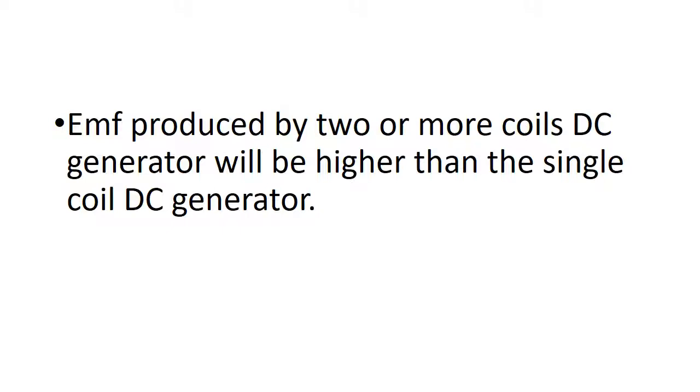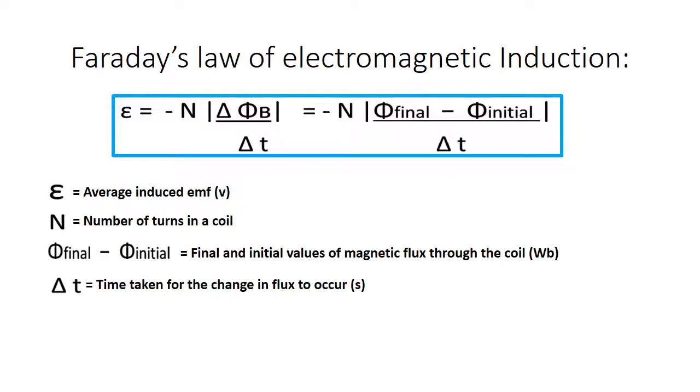This can be proven by Faraday's law of electromagnetic induction, which states that EMF can be found by using the formula final magnetic flux minus initial magnetic flux over change in time, multiplied by the number of turns in a coil.